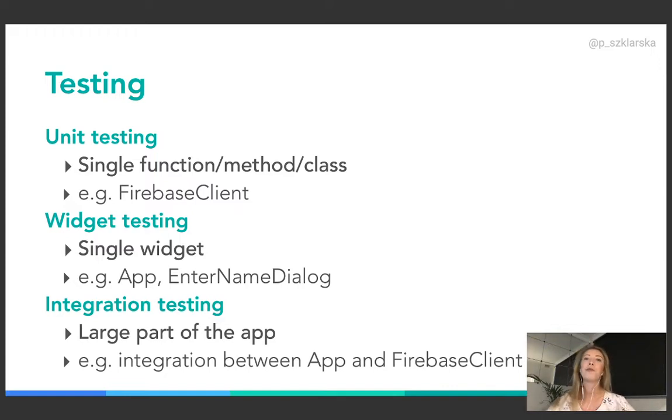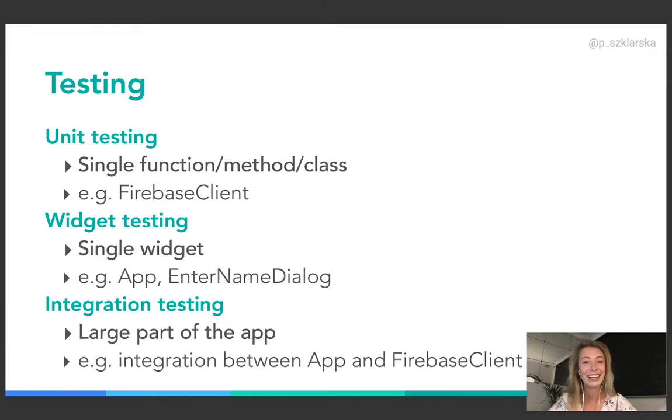So in Flutter, there are three different kinds of tests. There are unit tests to validate single functionality. It can be done for a class, a method, or a function. In our case, this might be the test for, let's say, Firebase client. The second type is a widget test that validates if the UI works correctly. I cannot focus now because of these yo sounds.